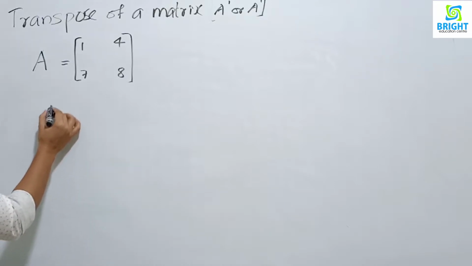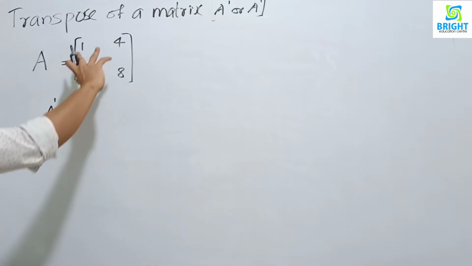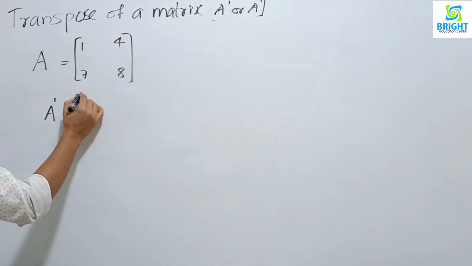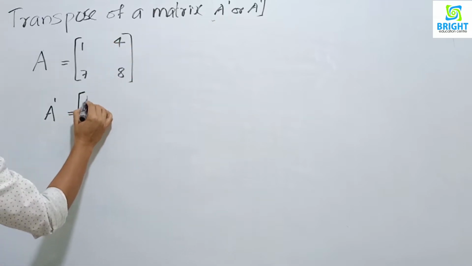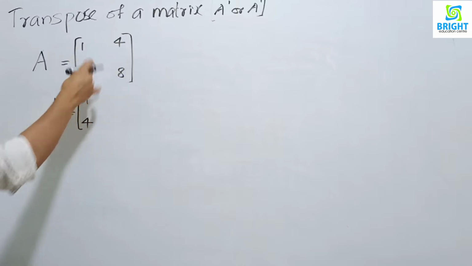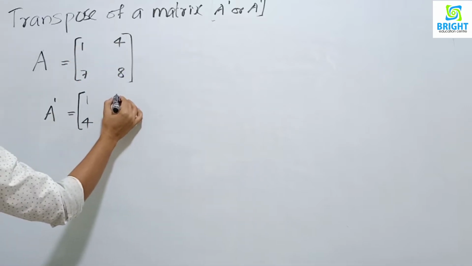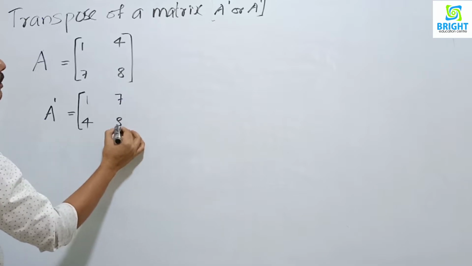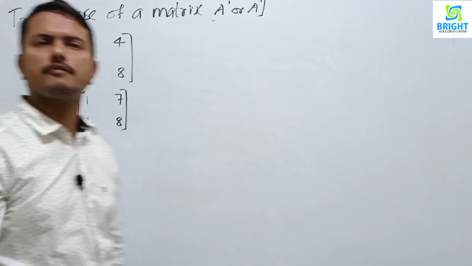A transpose is obtained if you interchange the rows completely into columns. The first row 1, 4 will become the first column, and the second row will become the second column of the matrix. This is known as the transpose of a matrix.